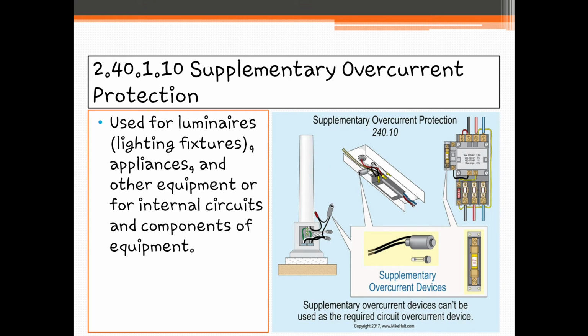Guys, know that supplementary overcurrent protection only provides limited overcurrent protection but cannot be used as a required circuit overcurrent device. So, mao ni siya diri guys. And a supplementary overcurrent protection device is usually an internal fuse. Internal fuse lang siya guys.